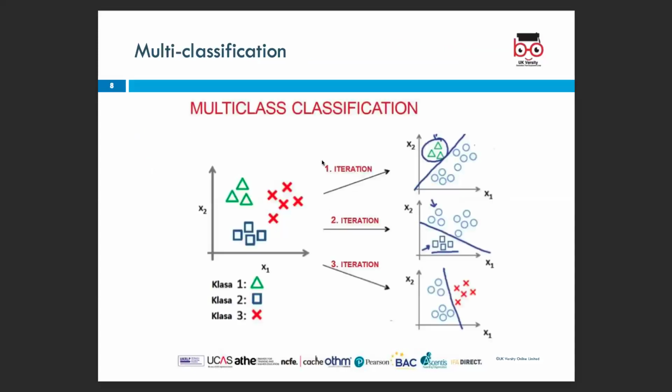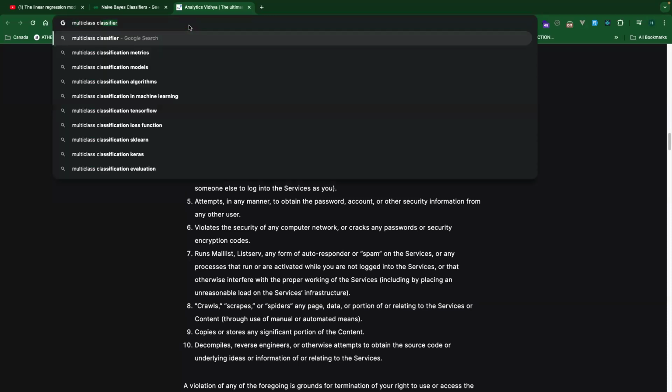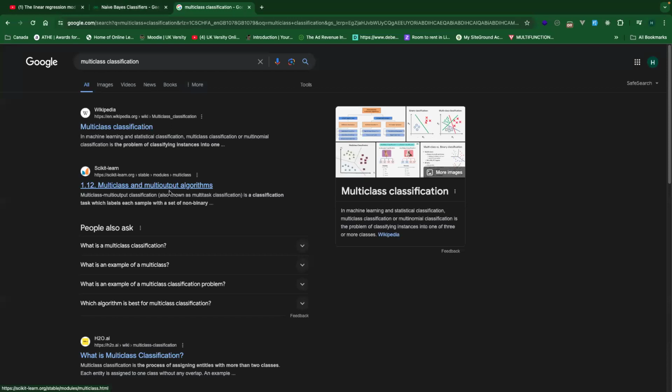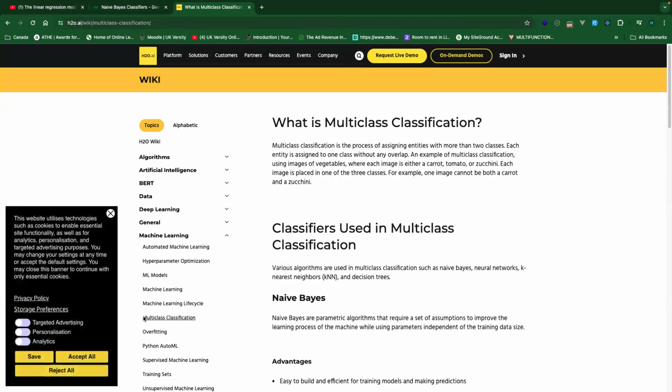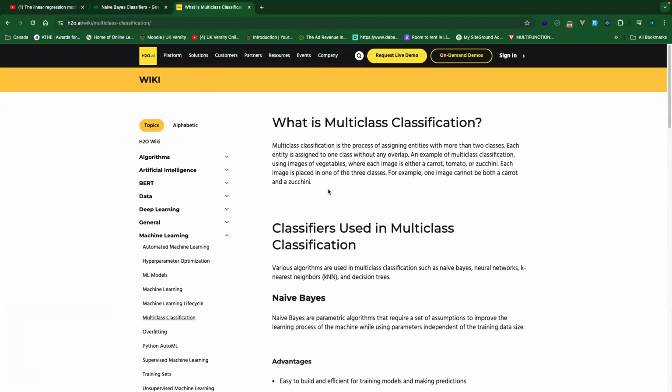So we have multi-class classification, which we can also check. This website says that multi-class classification is the process of assigning entities to more than two classes.